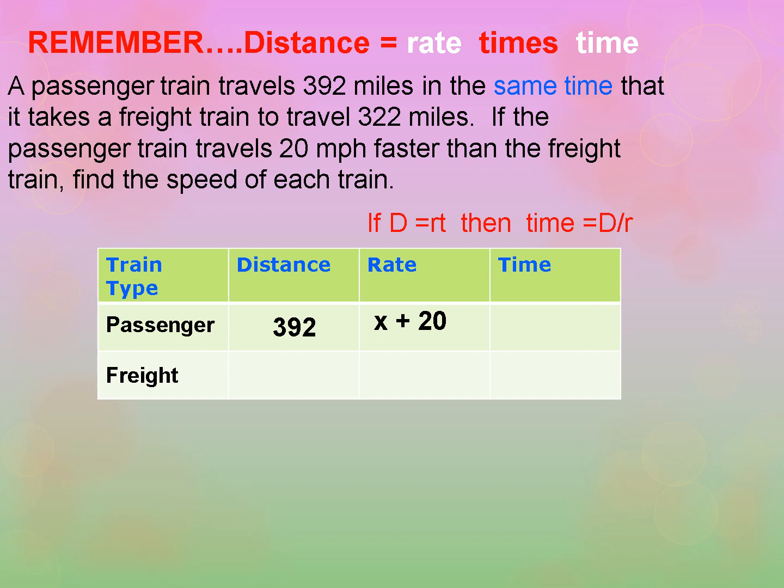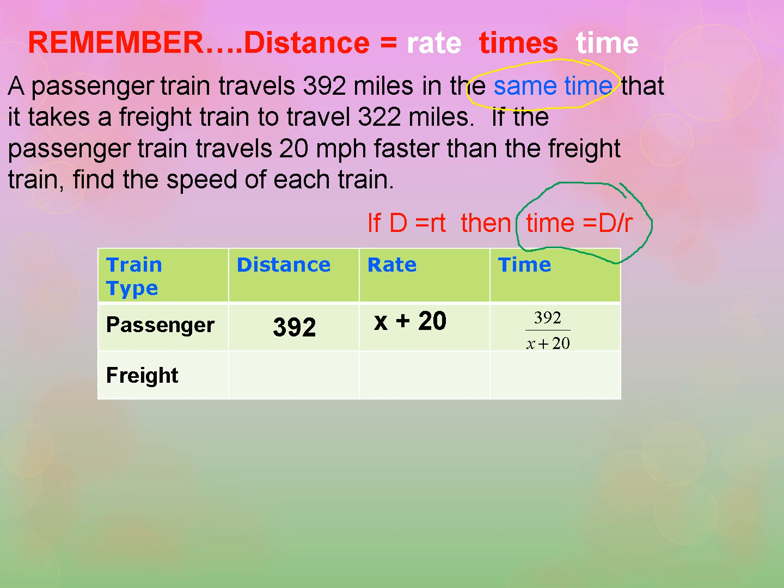Now, using this handy dandy little equation we came up with, we can use that to find time. We don't know the time. The only thing we know about time is that this occurs in the same time. But other than that, we don't know the time. So I can use time equals distance divided by rate, and I take 392 divided by x plus 20.